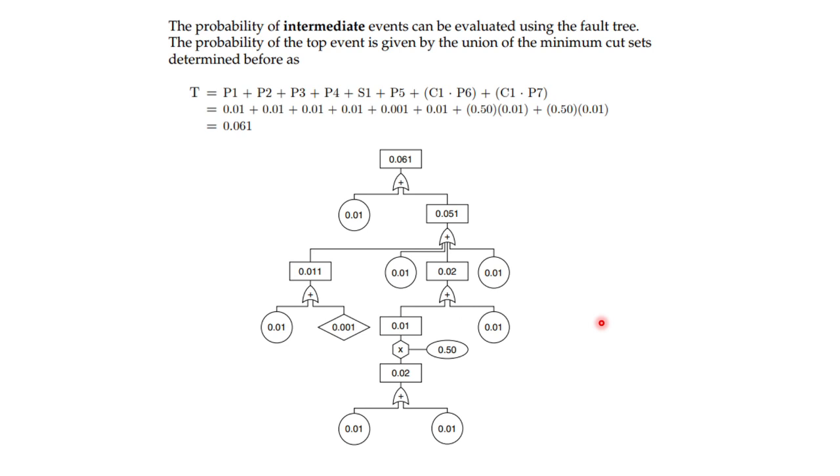Okay, so just remember, class, that if AND gate, we will use multiplication. If OR gate, we will use the addition. The inhibit is also equivalent to AND, which is multiplication as well.